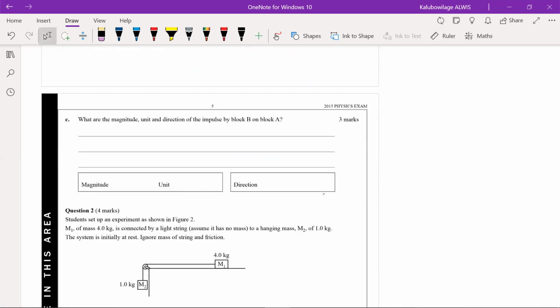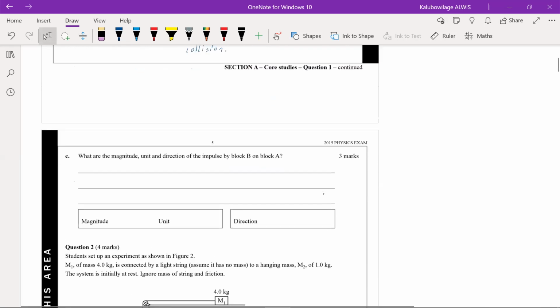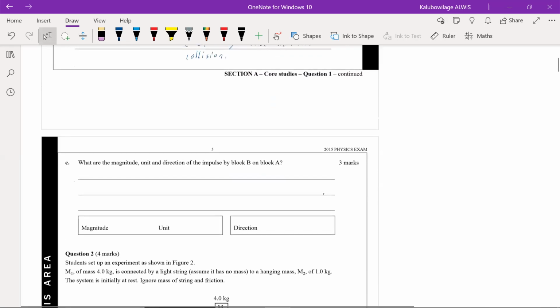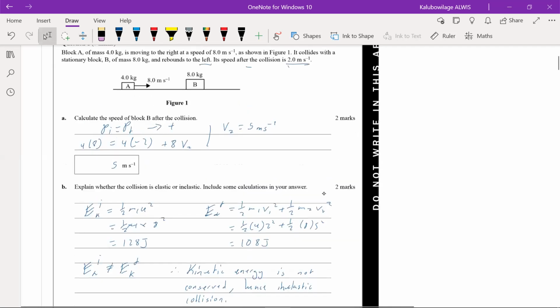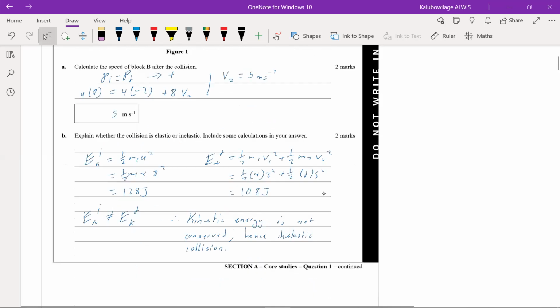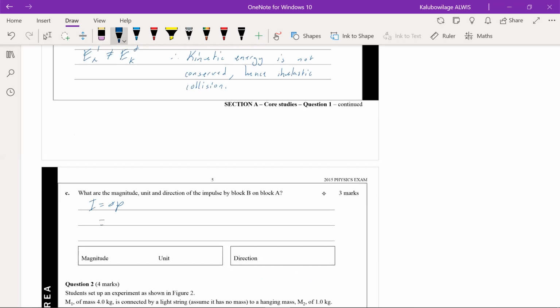Magnitude and direction of the impulse on block A by block B. So we just need to find the change of momentum of block A. So I equals change in momentum. The final momentum was 4 times minus 2.